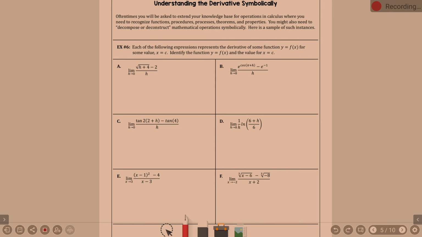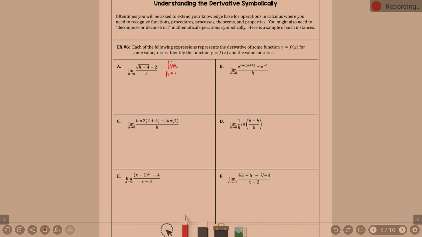So think about your two definitions of derivative. Think about what would be f of x. And when we plug in a plus h, what is that a value? These are the questions we're asking ourselves. Now, something helpful to identify: this is the limit as h approaches 0.